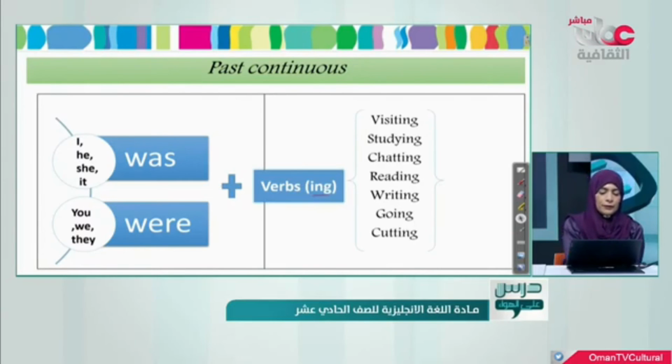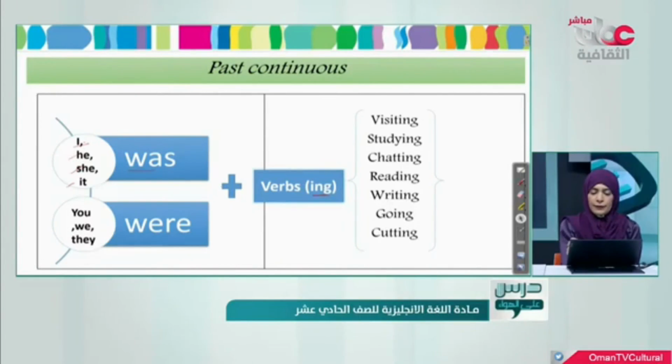I will refer to the pronouns used with was. Here, as you can see, I, he, she, and it are used to indicate the singular form. I was visiting, he was visiting, it was visiting, and so on. Were indicates the plural form, like you, we, and they.